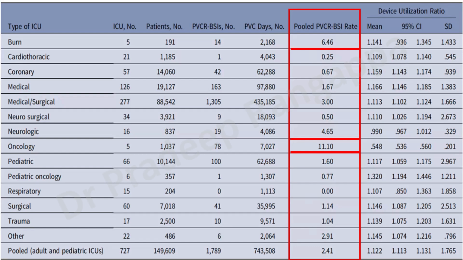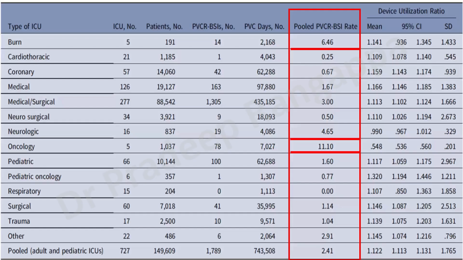I'm sure all the intensivists listening to this deal with a lot of neurology patients, so they are at a higher risk. That's why there is a move towards having safer catheters for these patients, and one needs to get trained in taking care of PICC lines if these patients have them. So this is the burden we have globally, even from peripheral vein catheter related bloodstream infections. So that's about the epidemiology.